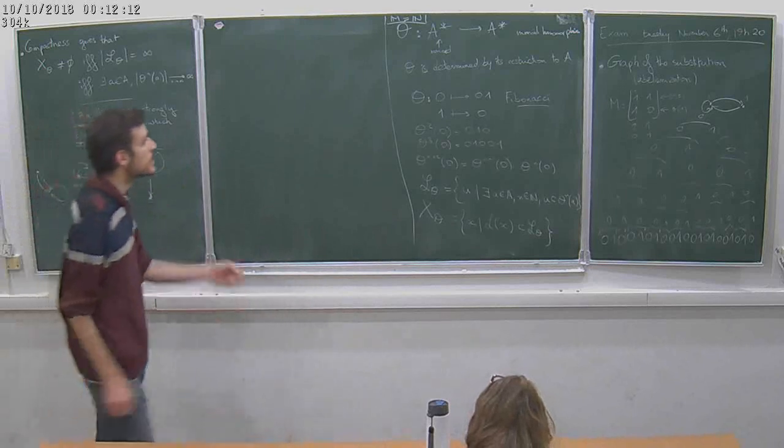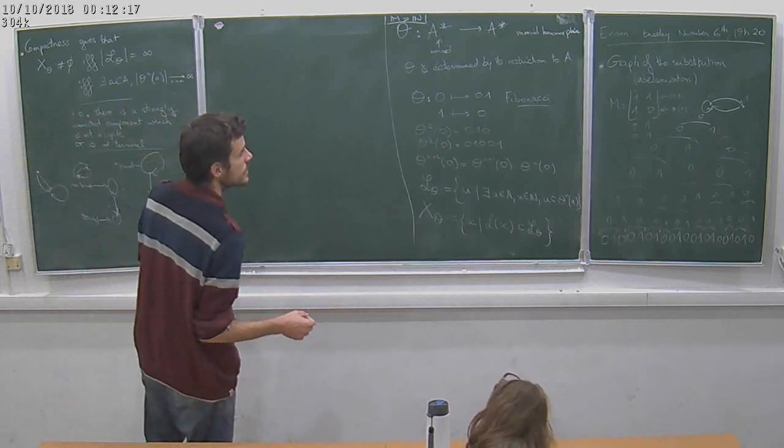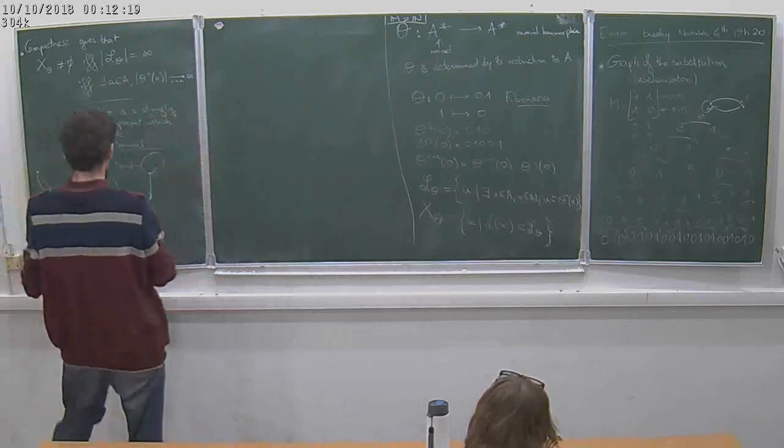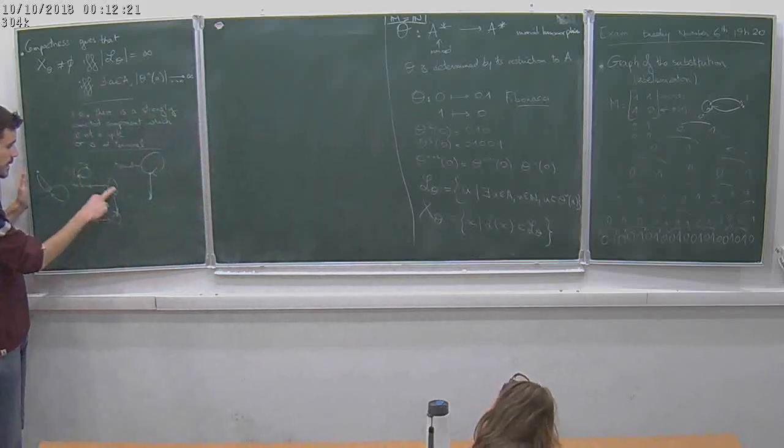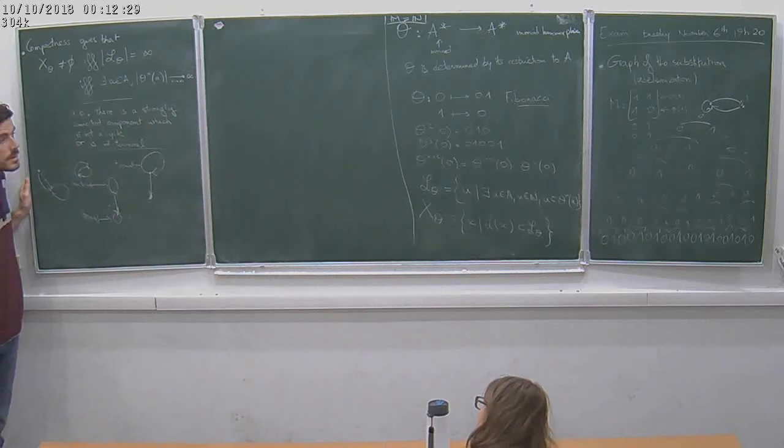So first remark, if I have a graph like this, you see that this is a subset of vertices. Vertices are letters.